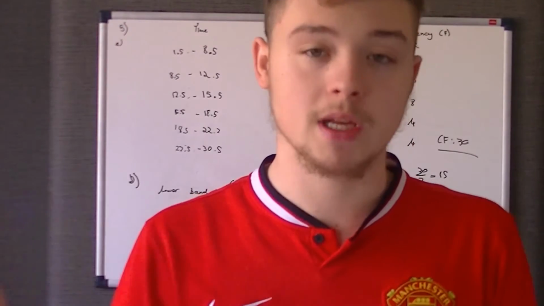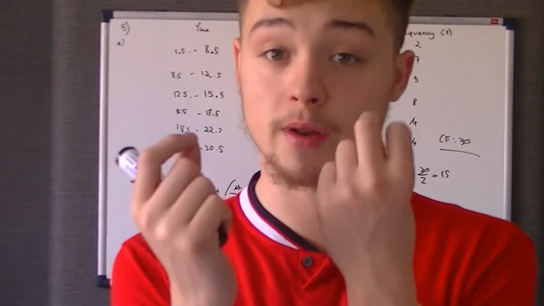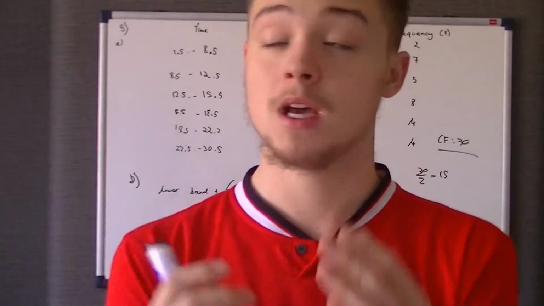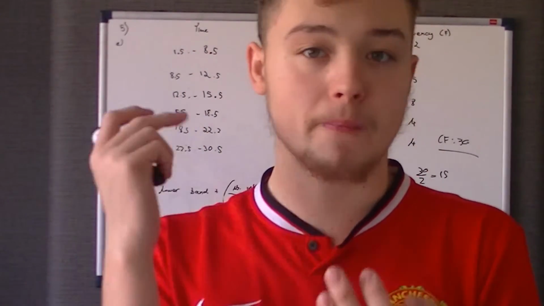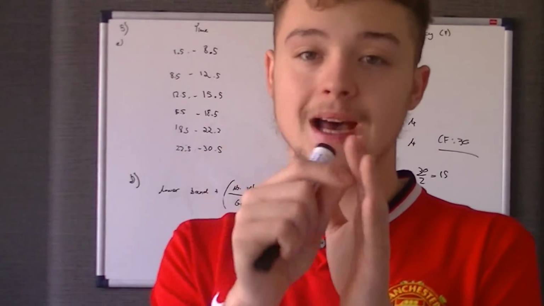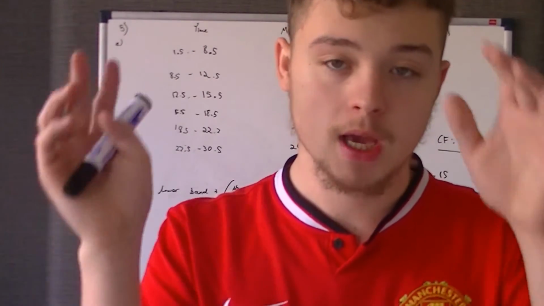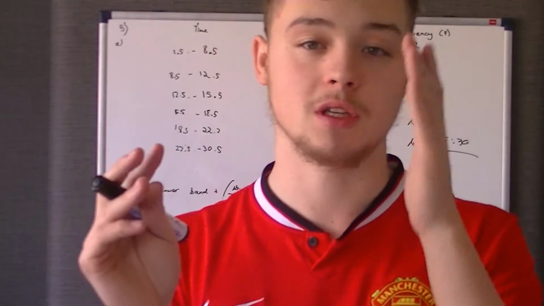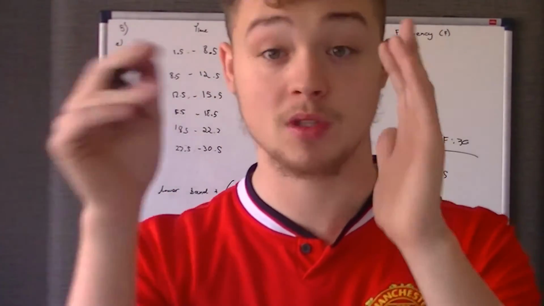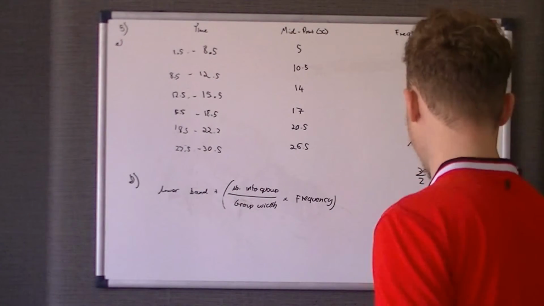So what you need to do is pick between 15 and 16. If you halve an even number, you add 0.5 to that number. So we choose it to be between 15 and 16, which is 15.5, our median position.